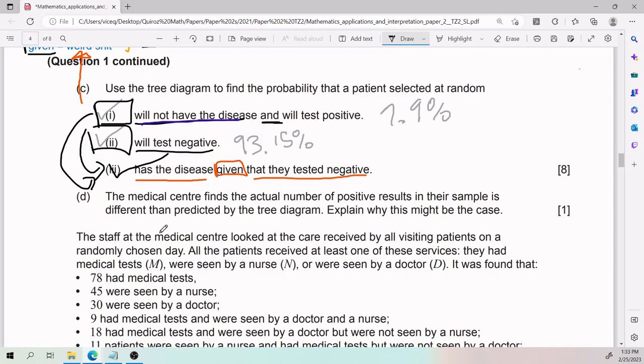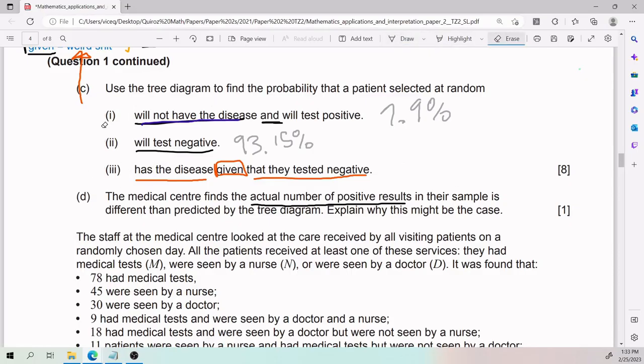Then they tell us that the medical center finds the actual number of positive results, because again, these are just probabilities, but the actual number of positive results in their sample is different than predicted by the tree diagram, and we need to explain why this might be the case. Now, for these scenarios, there are a lot of different explanations that you can give.